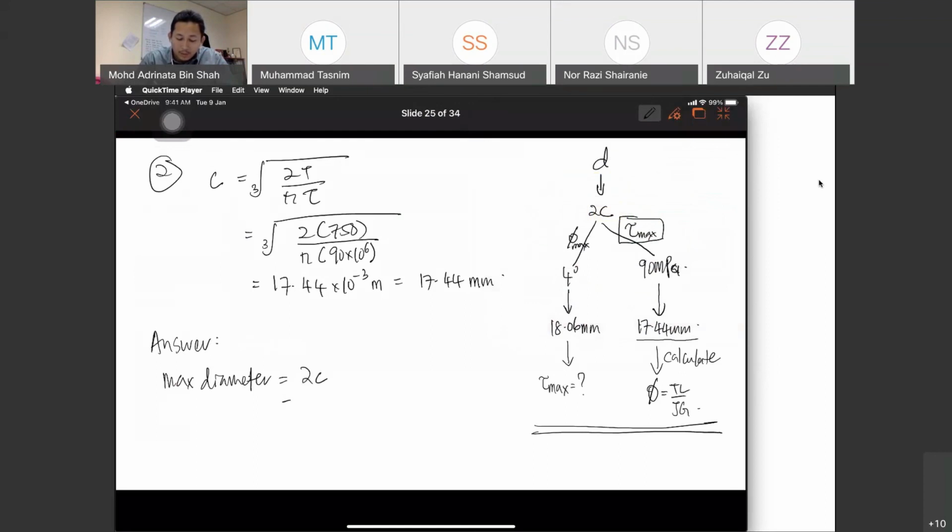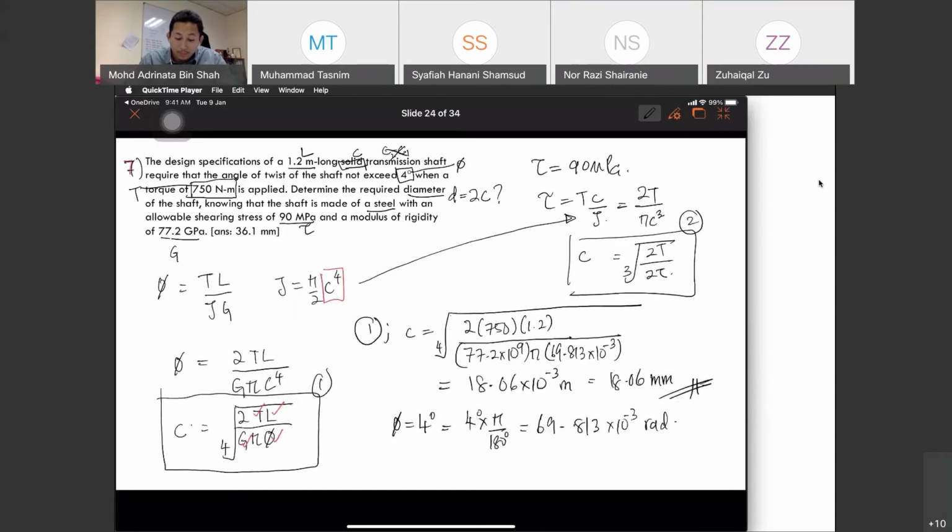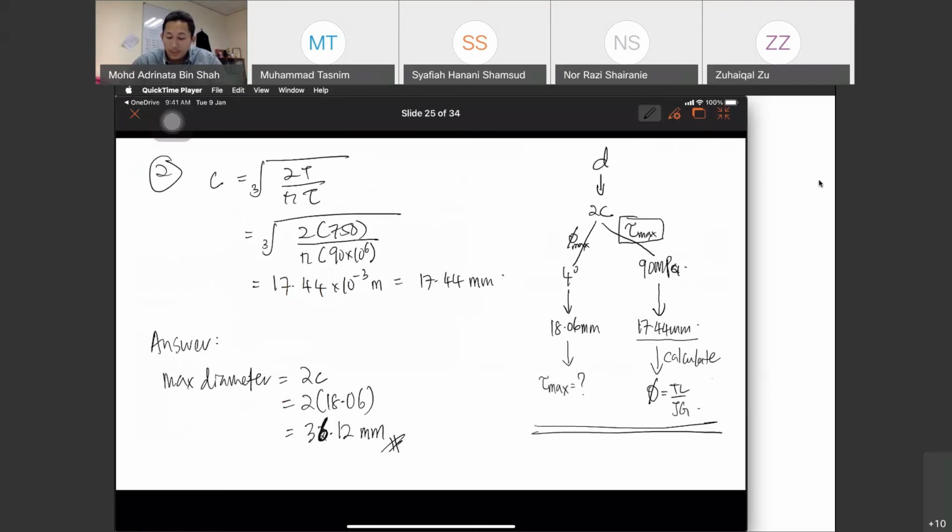So 2C is 36.12 mm. Okay, boleh. Kenapa kita pilih maksimum? Alright. So saya tinggalkan soalan kenapa tu kepada awak untuk cari.